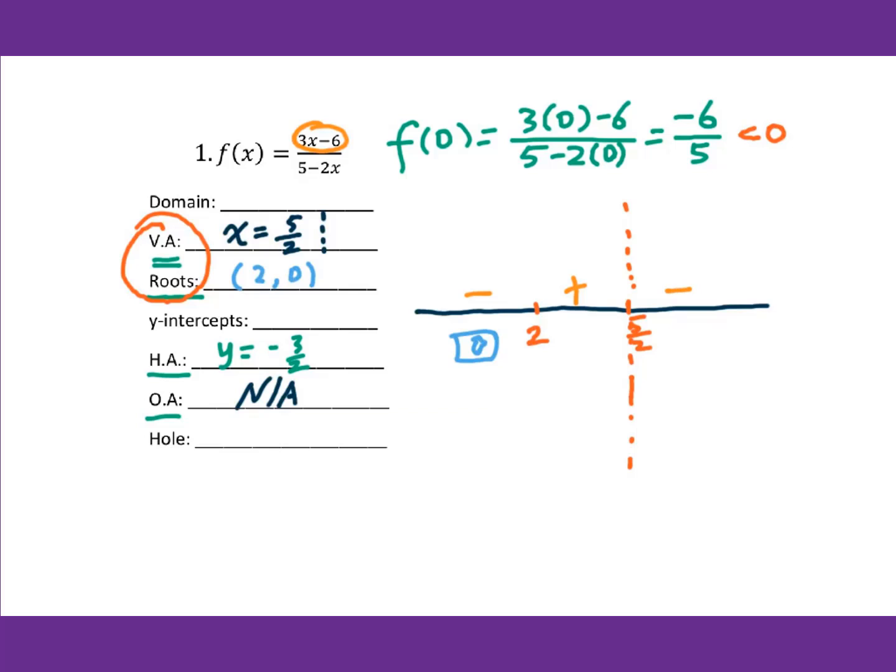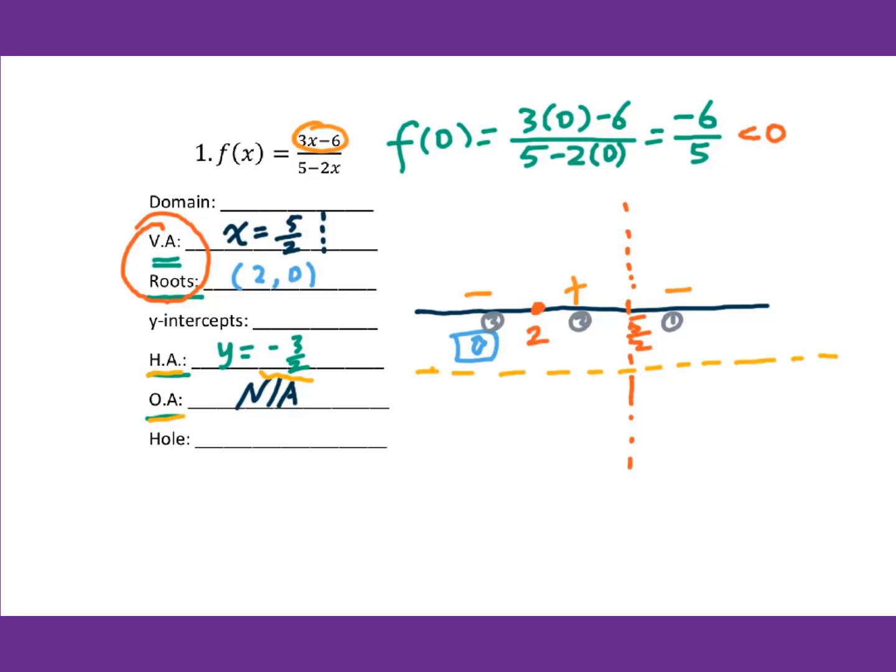Next step, we will sketch the horizontal asymptote line or oblique asymptote line. We have a horizontal asymptote line that's negative, meaning below this number line. Let's draw it like this. Then let's check each interval. For this number line, we have 3 intervals. Let's label them 1, 2, 3.